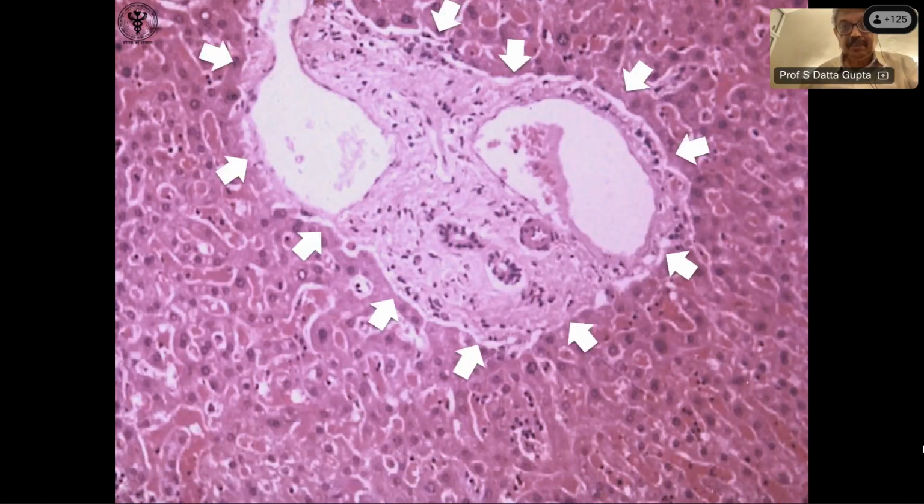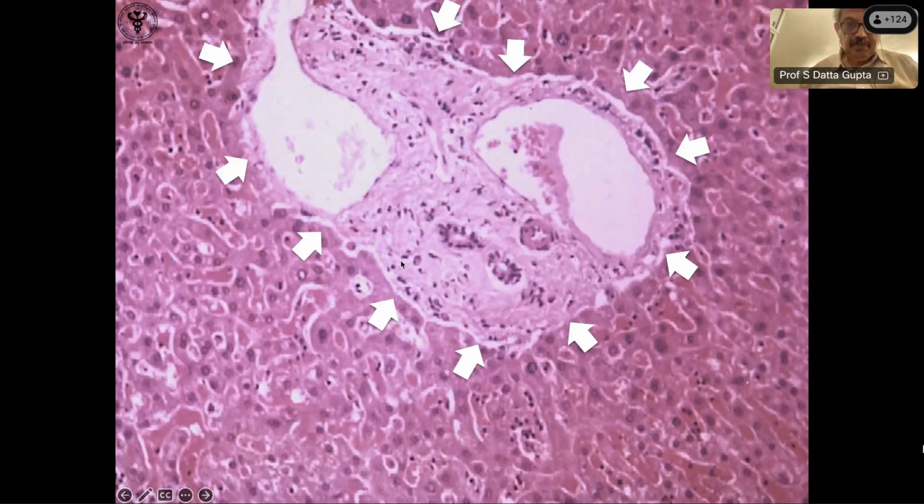Please note that. Then you see there is a layer of cells all around the portal tract. This layer of cells is called the limiting plate. This is very important. Inflammatory cells are mainly in the portal tract.